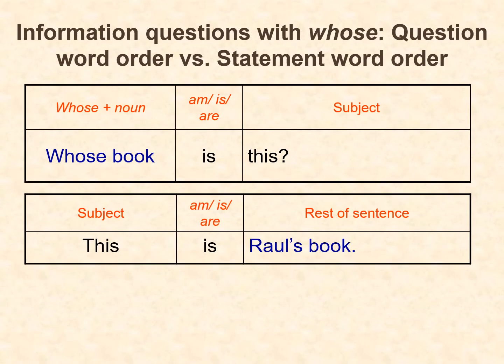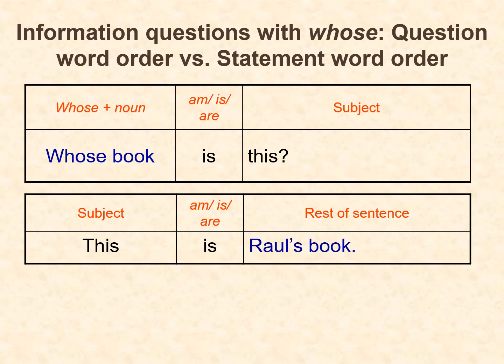When using information questions with whose, sometimes the order of the question is different than the order of the answer. So on this slide you can see that in the question we get whose plus the thing being referred to, book in this case. Whose book is this?